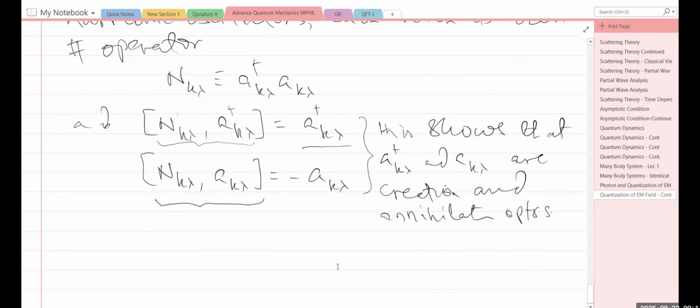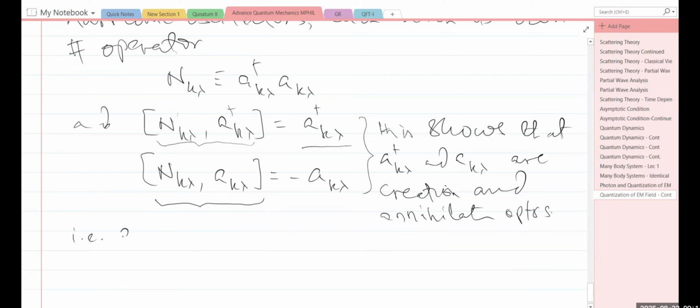That's why we conclude from here that a_k lambda dagger and a_k lambda are creation and annihilation operators. That is, they create quanta of radiation and annihilate quanta of radiation.